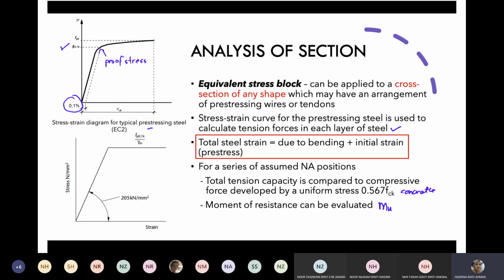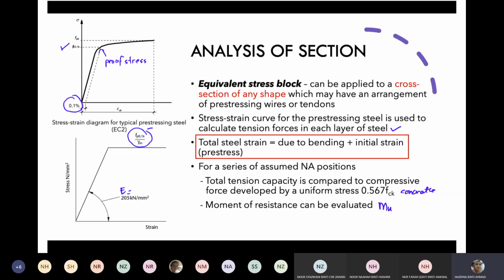Here we have the simplified version of our stress strain diagram. For this type of steel, the value of E for the pre-stressing steel is 205 kilonewton per millimeter square. And we can see that at the yield point, we have this proof stress.